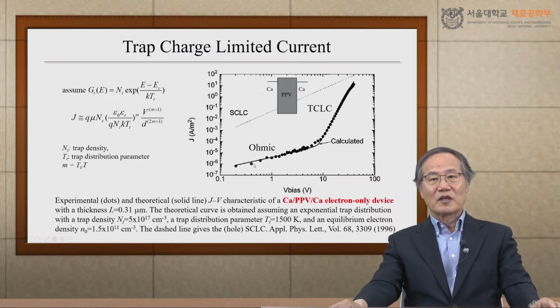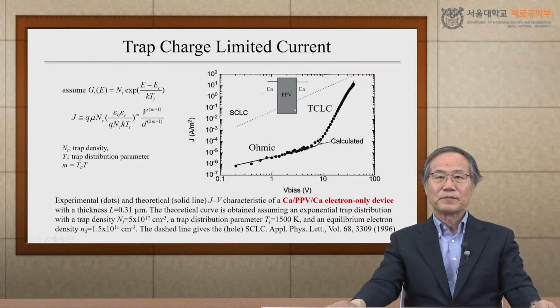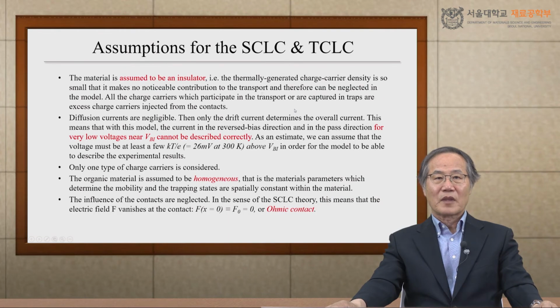And then you can clearly see that the TCLC, the trap charge limited current, applies for this case of electron injection. So for electron injection, PPB has some kind of trap distribution here, trap states. So this is quite different from the inorganic semiconductors.